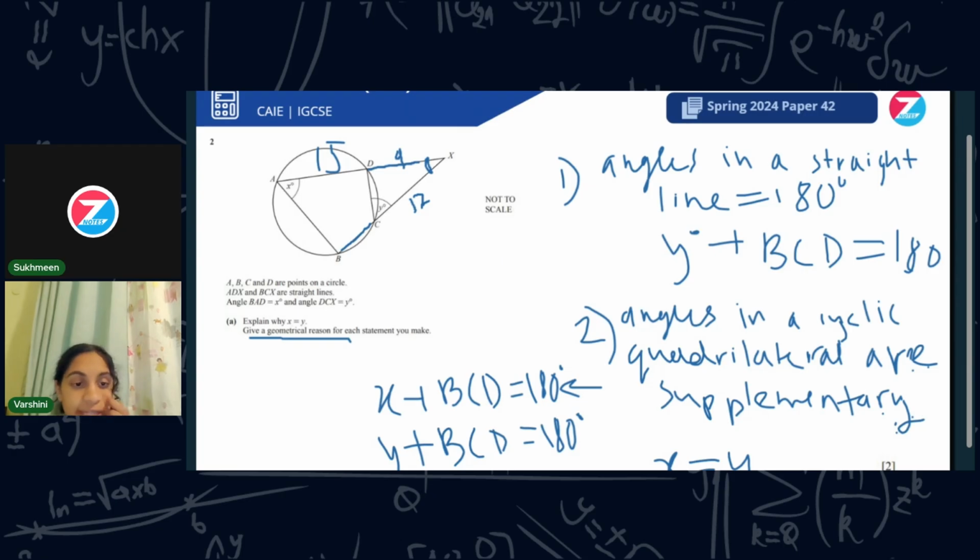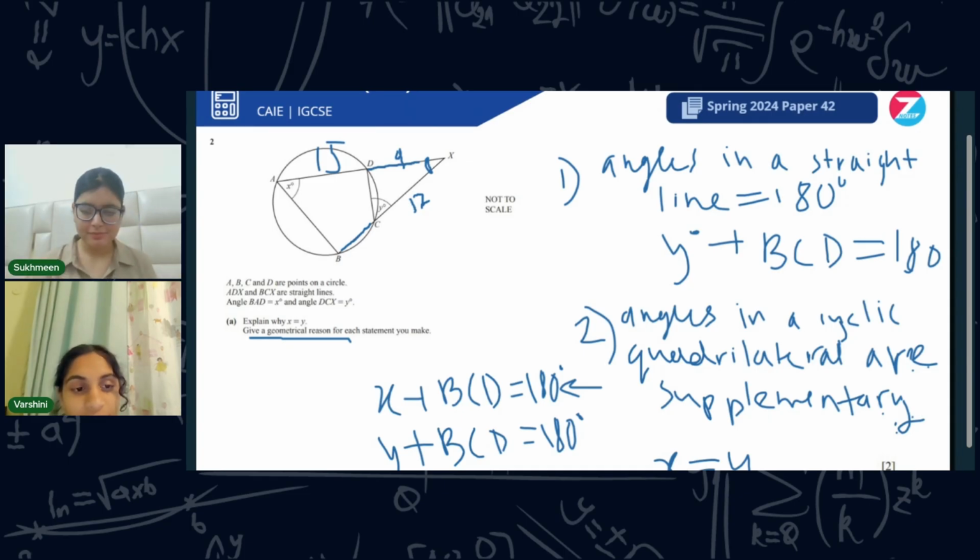What sides do we know? We know DX, and we know this entire side, and we also know this angle.